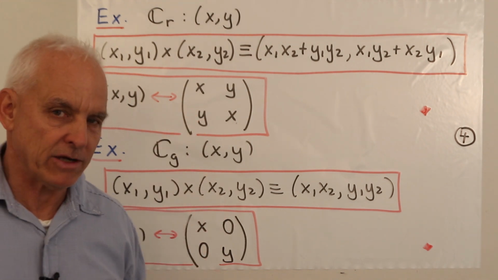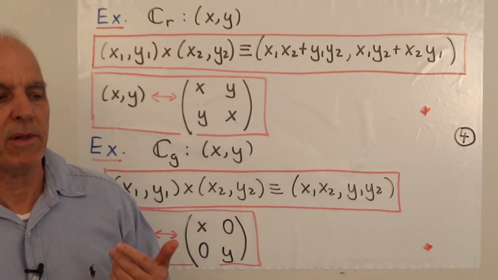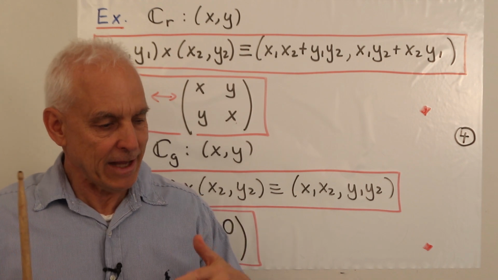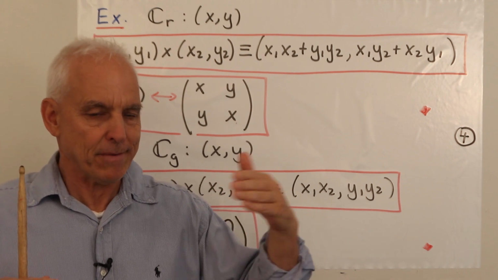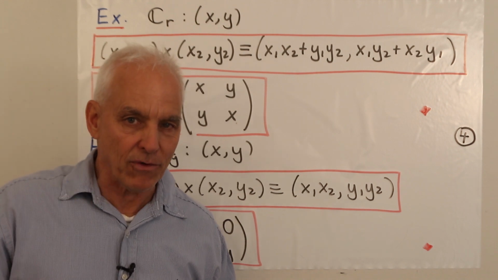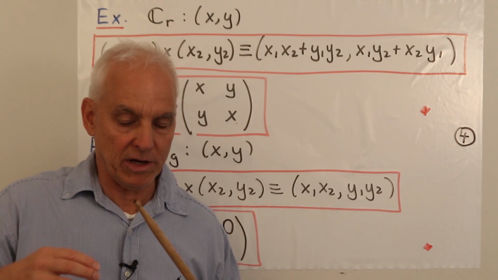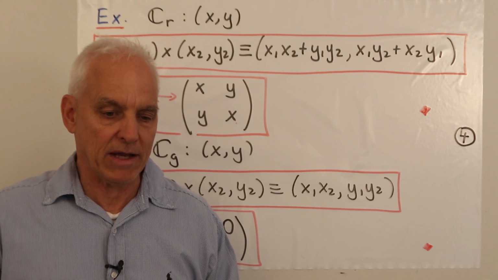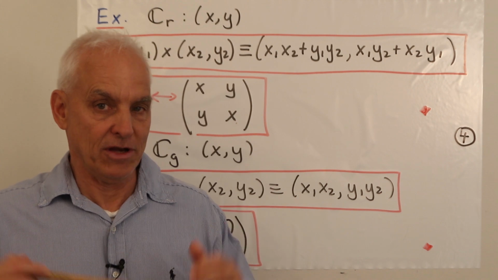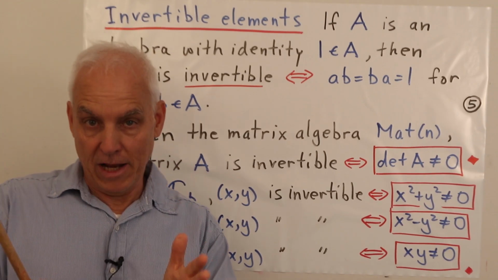Now, students of mathematics will of course be very familiar with the blue complex numbers because it's a field. So what is a field? Well, a field is like an algebra, but with additional properties, and that has to do with inverses. What makes an algebra a field is the property that pretty well everything, except for the zero vector, has an inverse. So let's define invertible elements.